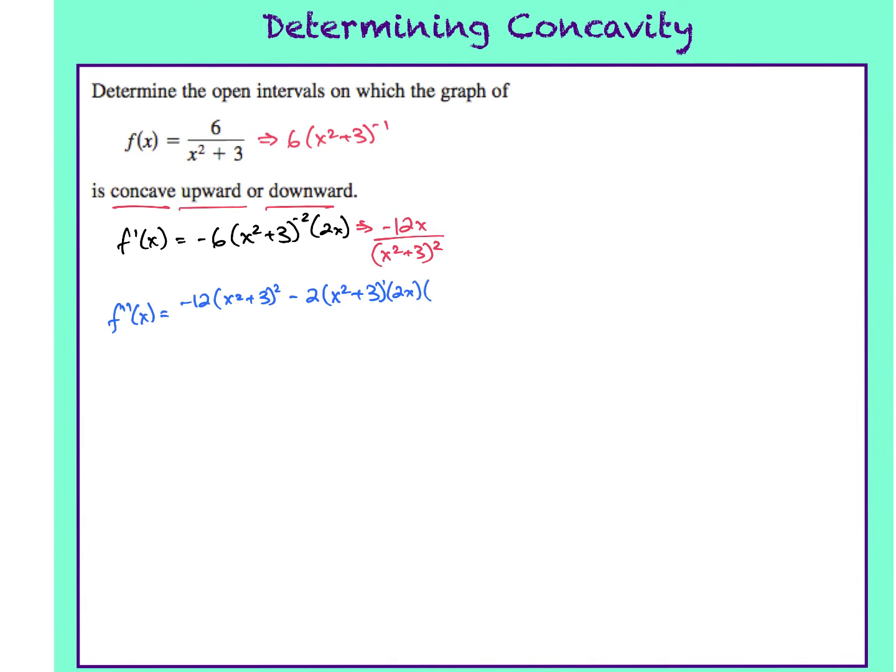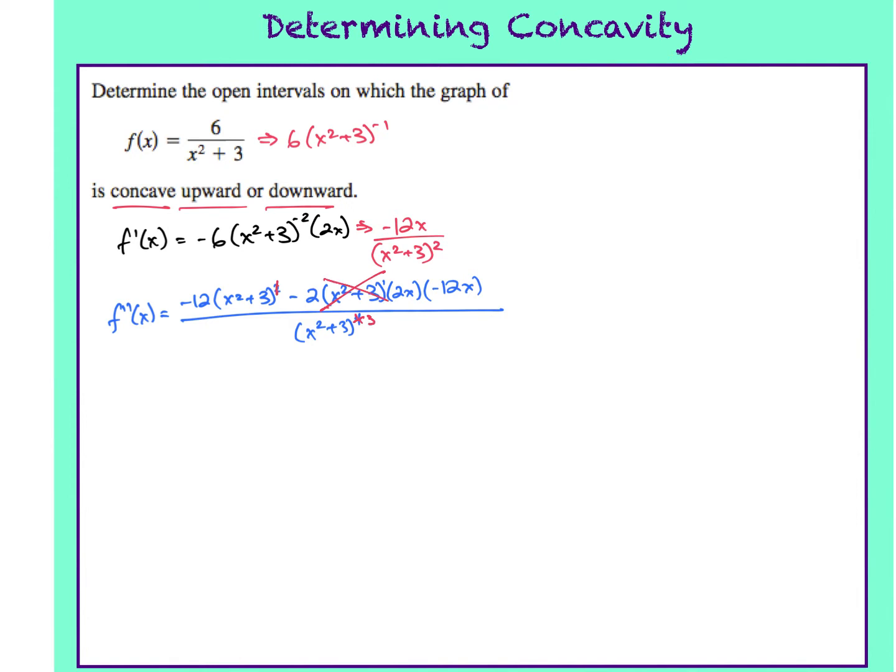And then times the top, -12x, all over (x squared plus 3) to the fourth. Now, what I notice is that this has a squared, this has a 1, and this has a 4. So I want to get rid of one of them. So I would now make that a power of 1, and then instead of a 4, I'd make that a 3.